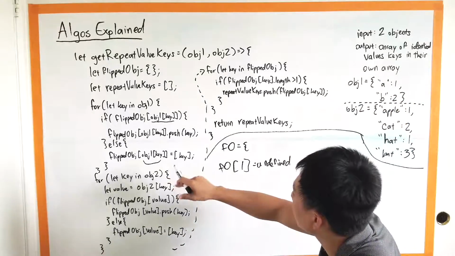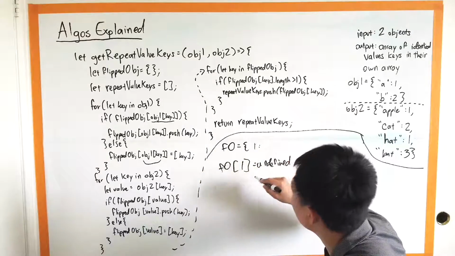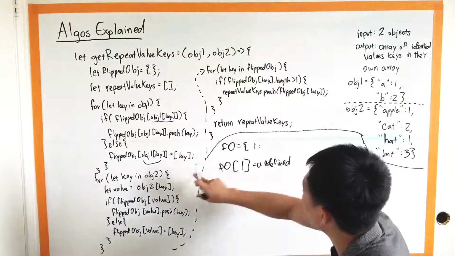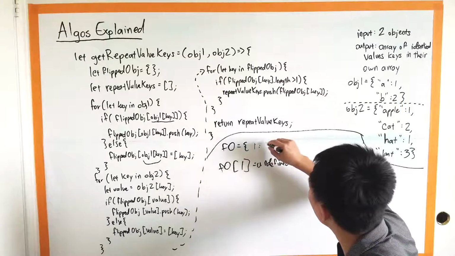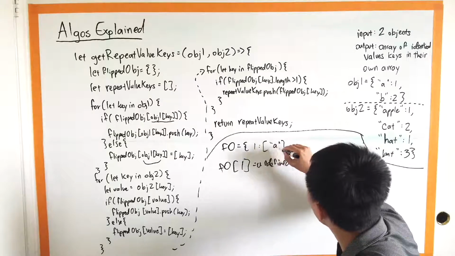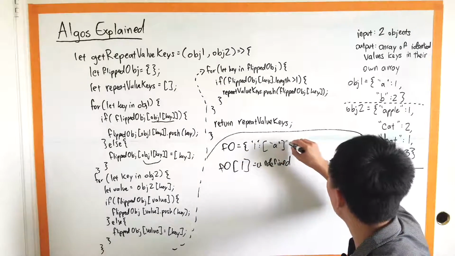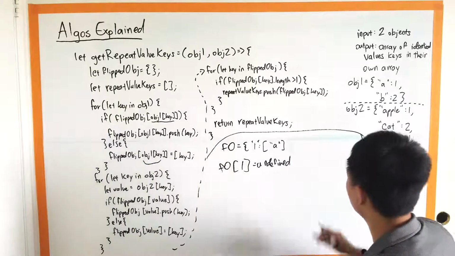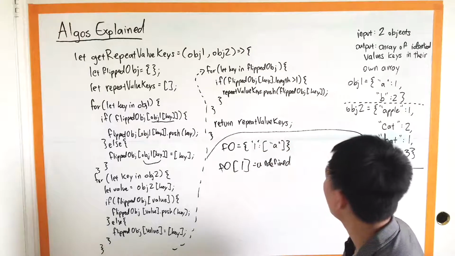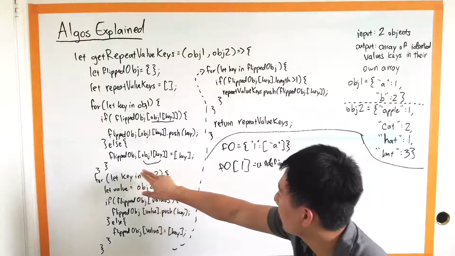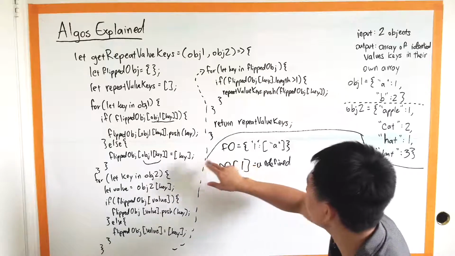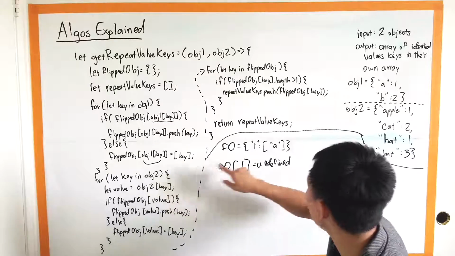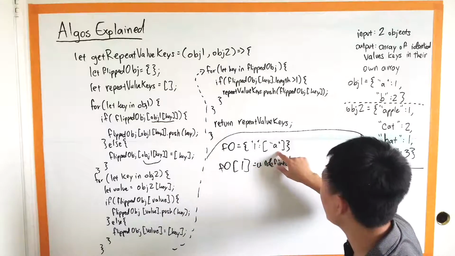So now that 1 points to the key, which is A. You notice we're putting it inside of an array, and it's probably a string also. And so that just happened right there. Flipped object of object 1 of key was 1, and we made that equal to an array that contained A.